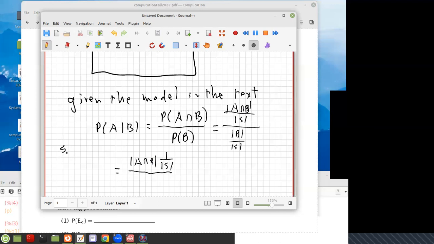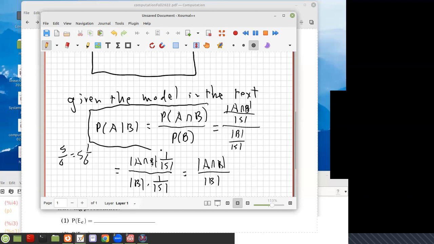This is just like a fraction: 5/6 equals 5 times 1/6, just pulling the numerator out front. I do the same in the denominator. You can see this is 1 over S, 1 over S, so I can cancel them top and bottom, and I end up with A intersection B over B. So I tried to motivate this as the definition and then ran it backwards, but this is what we mean by conditional probability.